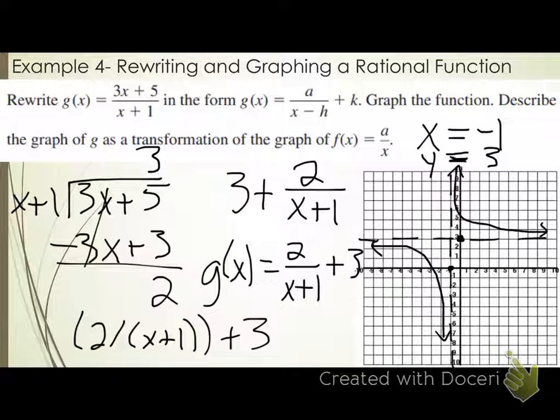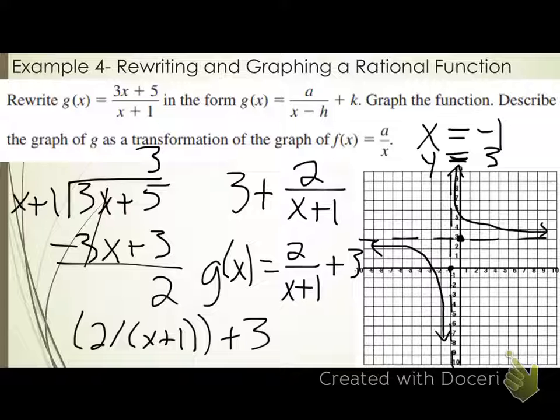Okay, so I rewrote the function in the form a over x minus h plus k. I've graphed the function. What do I need to do now? Describe the transformation. Yep, describe the graph of g as a transformation of the graph of f of x equals a over x. So what transformations occurred here? Well, it's probably just some translations because that's the only transformations we talked about.